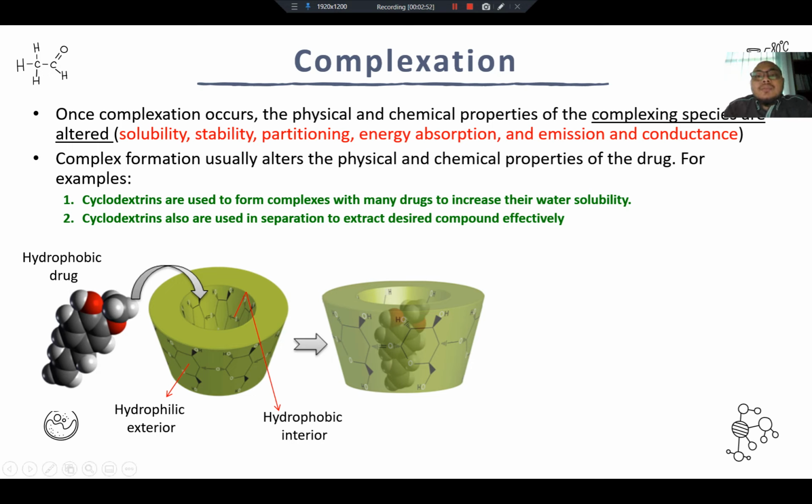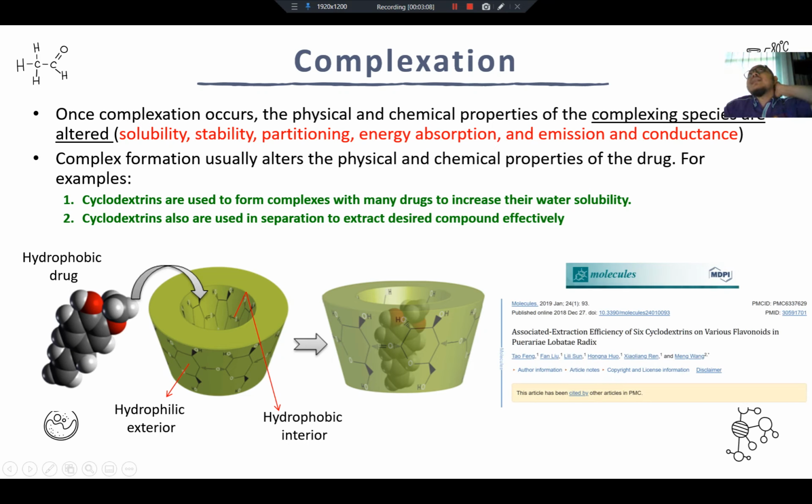Complex formation usually alters the physical and chemical properties of the drug. For example, cyclodextrin is used to complex many drugs. Lately, some researchers try to introduce a greener method, a much more efficient extraction method.